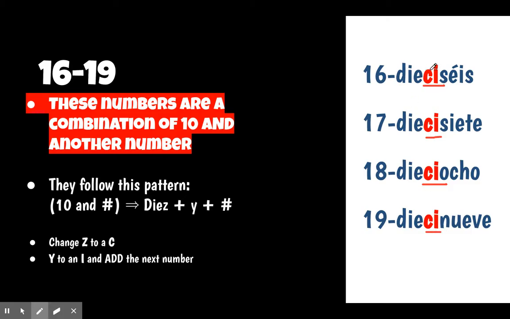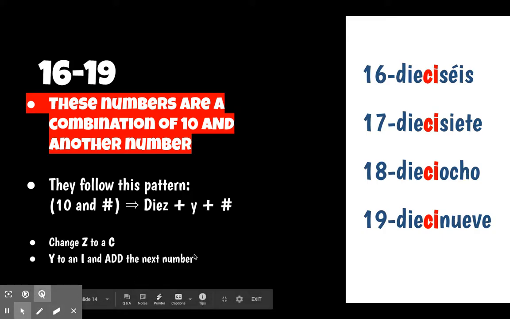So here it is: 10 and 6, 10 and 7, 10 and 8, 10 and 9. And in order to spell it correctly, you must make them all one word. Z to a C, Y to an I. Any Spanish teacher teaches it this way.